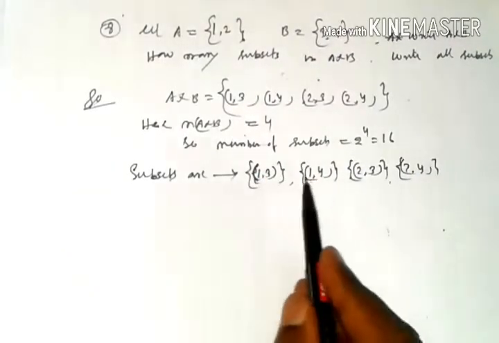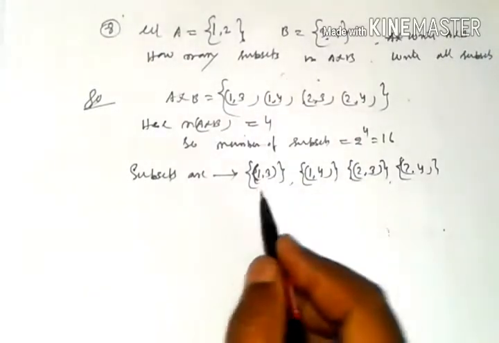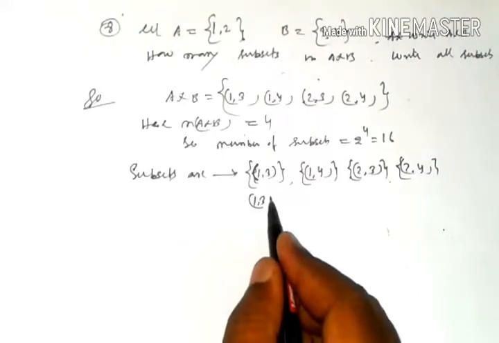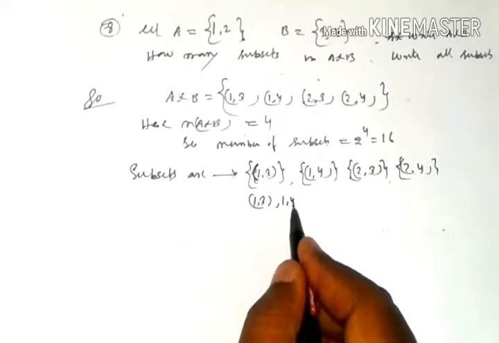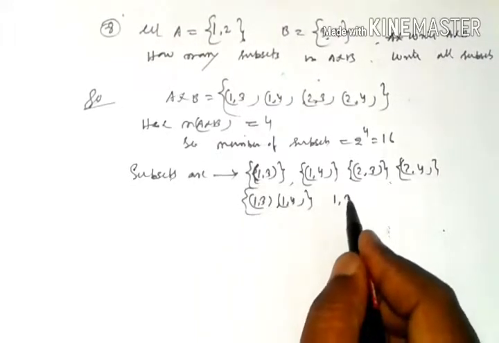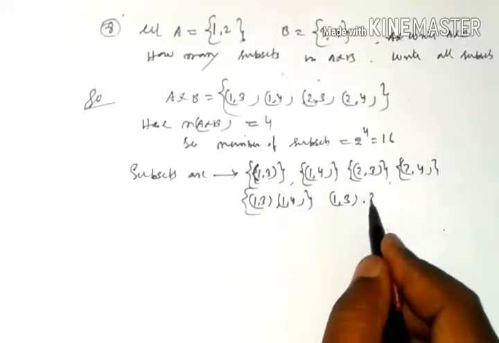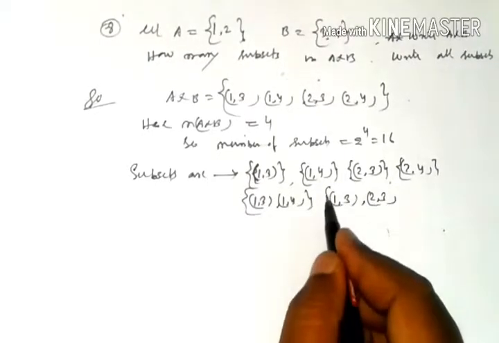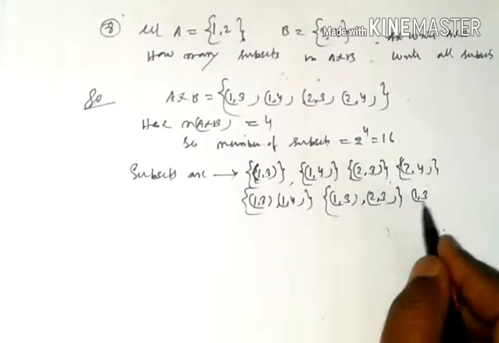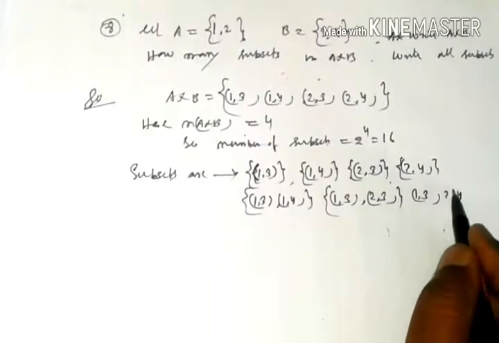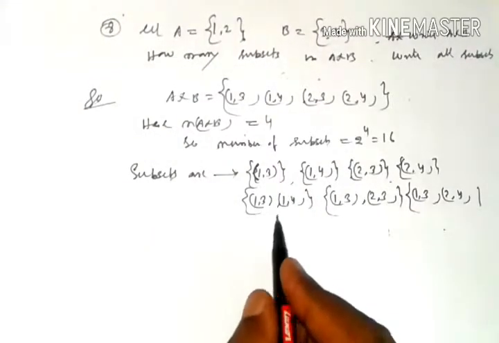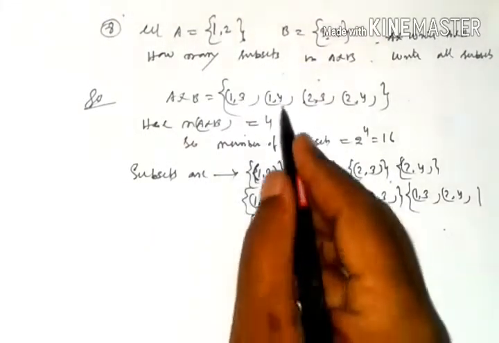Next, by taking two elements at a time, we get pairs such as {(1, 3), (1, 4)}, {(1, 3), (2, 3)}, {(1, 3), (2, 4)}, {(1, 4), (2, 3)}, {(1, 4), (2, 4)}, {(2, 3), (2, 4)}.